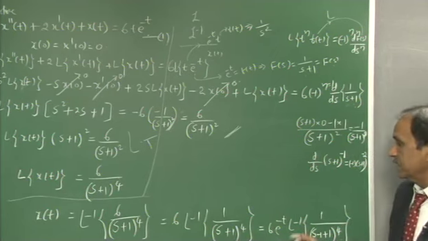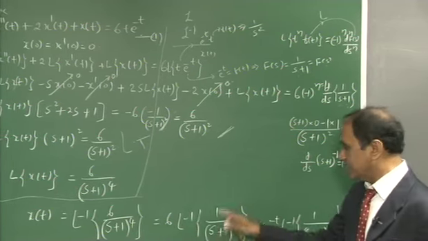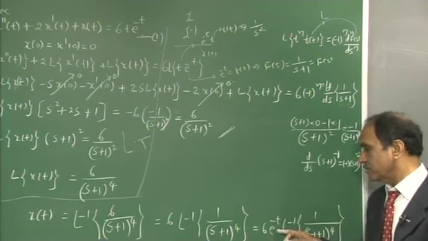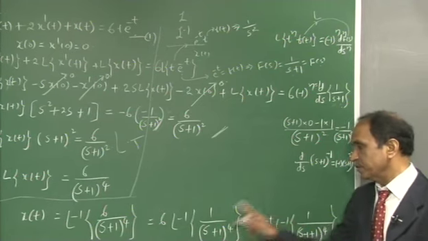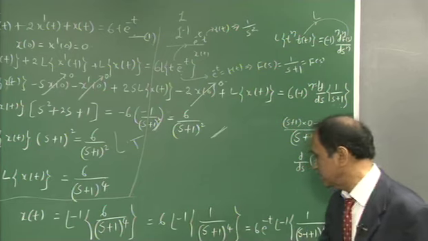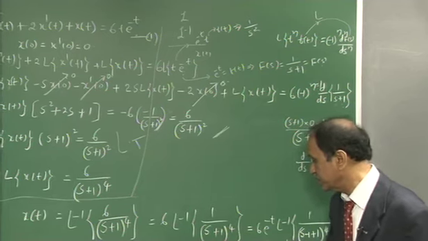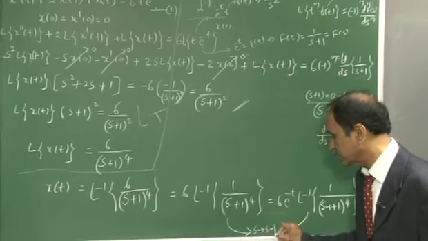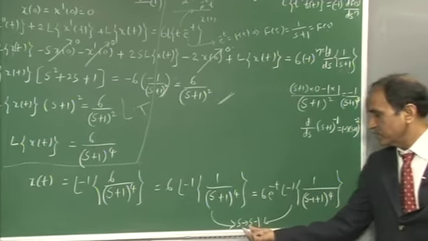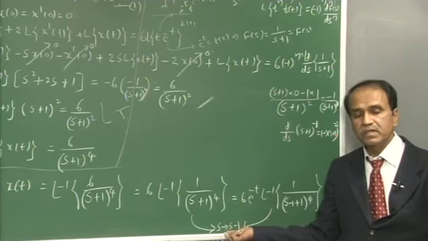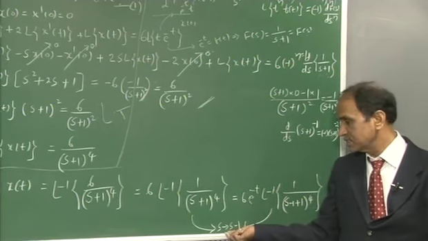That means here L inverse of this much is equal to the exponential term followed by, when s is in between this step and this step, s is changing to s minus 1, that is all. You have to understand the very secret term that you are going to replace is this much.